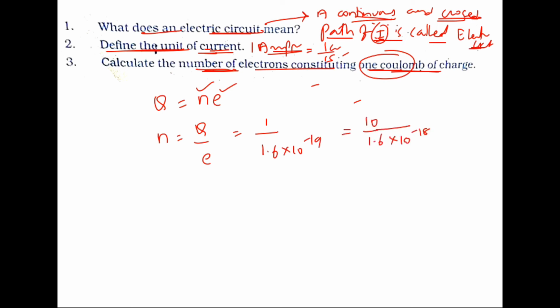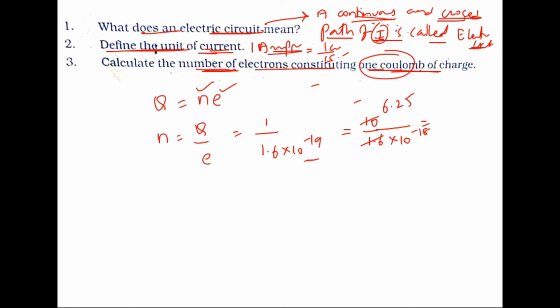1 by 1.6 into 10 power minus 19 can be written as 1 by 1.6 into 10 power 19. Sending 10 power minus 1 to the numerator, it becomes 10 by 1.6. Dividing, 16 sixes are 96, 4 remains, 16 twos are 32, 8 remains, 16 fives are 80.